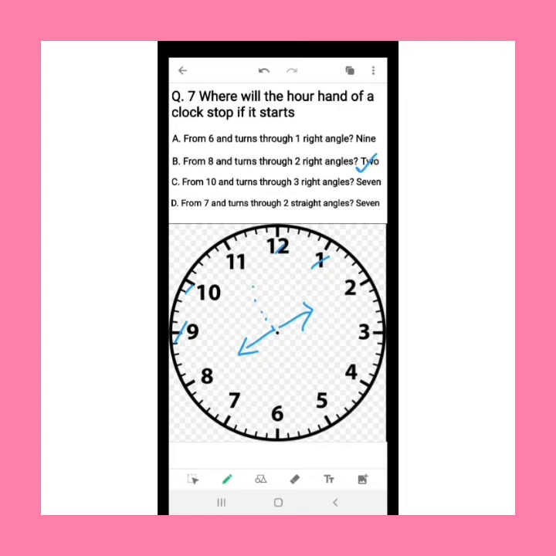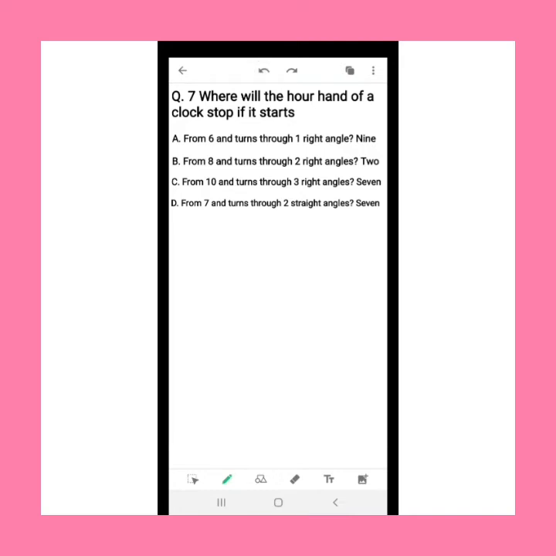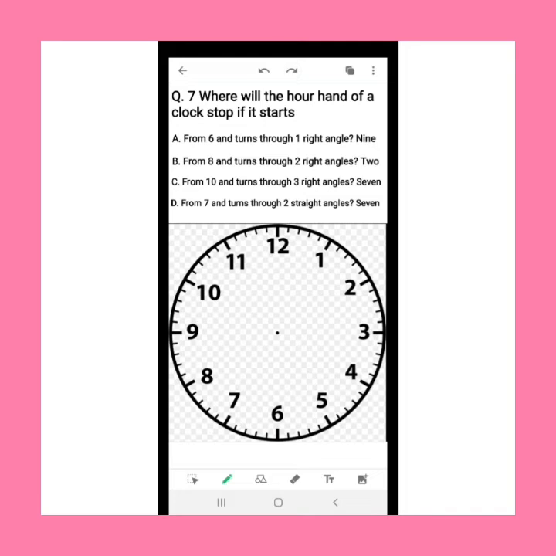Then from 10 and turns through 3 right angles, where will it be reaching? Starting from 10, first make the arrow on 10 and from 10 it is turning 3 right angles.